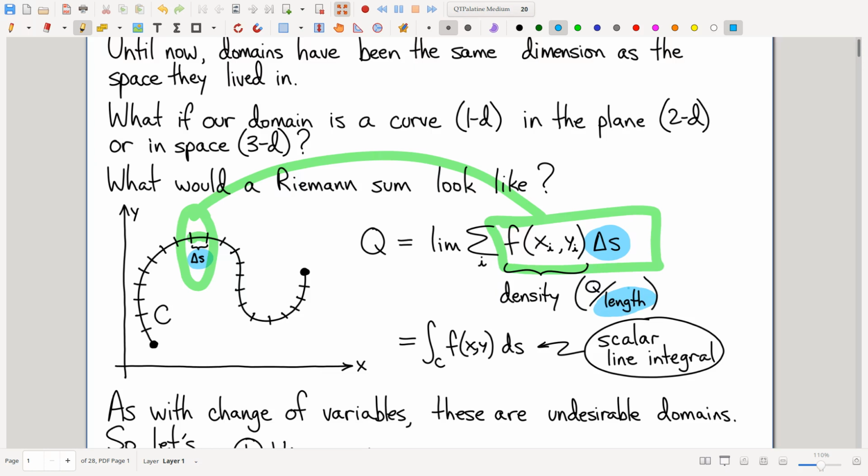So for example, if I wanted to compute the amount of mass distributed over this curve, the calculation I have in green, applying to each little piece, would just be mass per unit length times length.